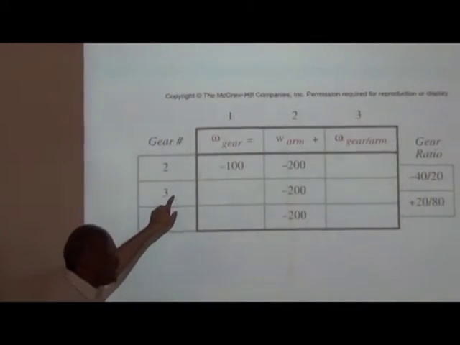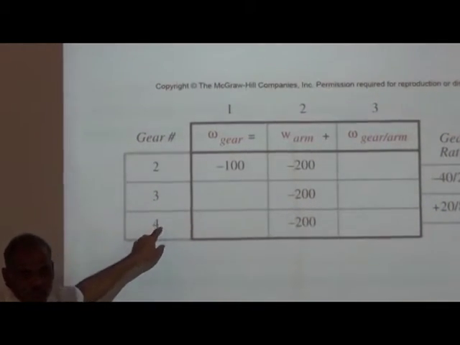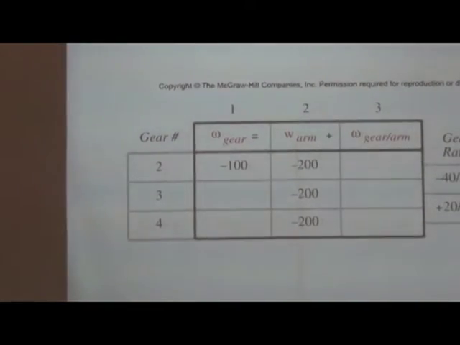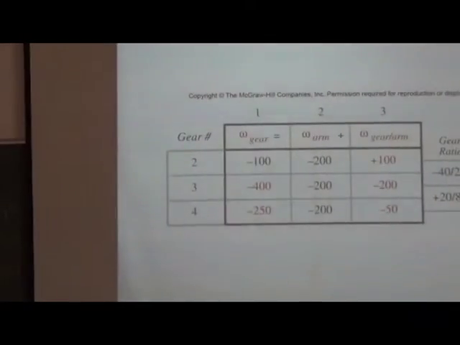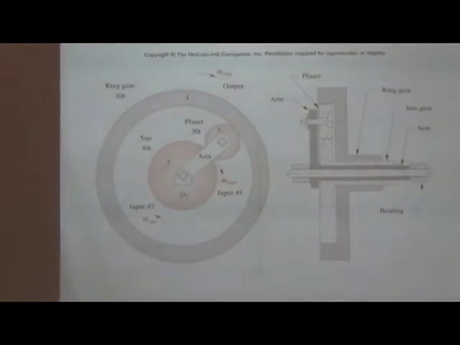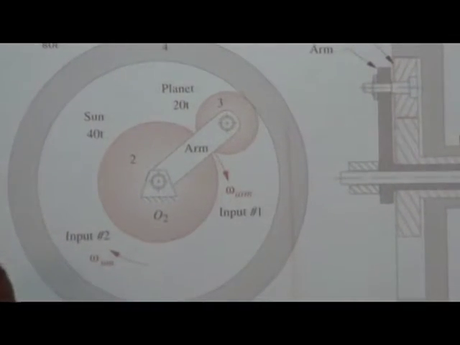Now between the gear ratio of 3 to 4, 3 is the planet gear and 4 is your internal gear. Again see this. We are talking about the gear ratio between the planet gear 3 and 4.